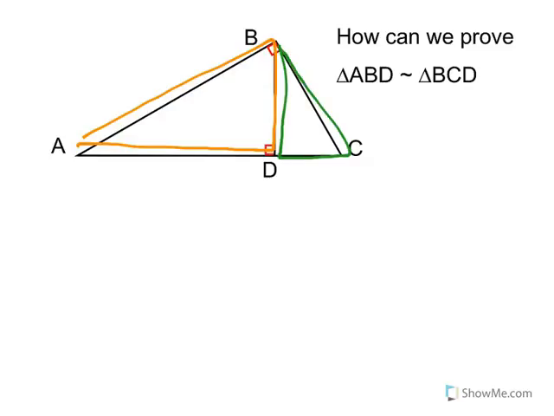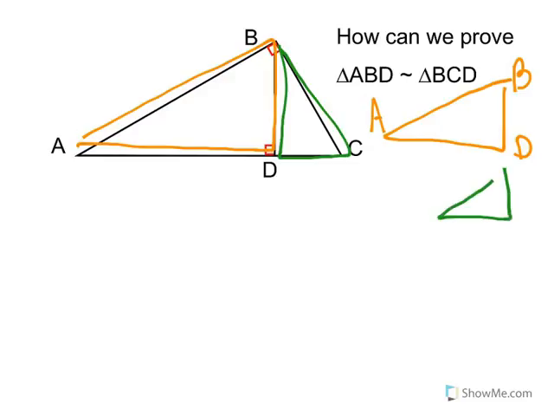So I'm going to redraw those triangles so that they're facing the same way. So this is B, D, A. So our right angle in the green one is at D, the shorter side is C, and then comes out to B.